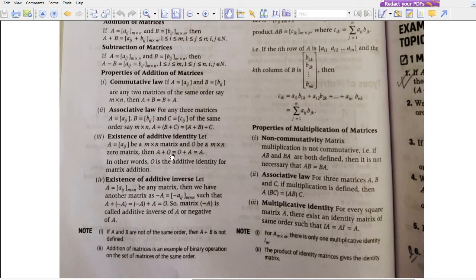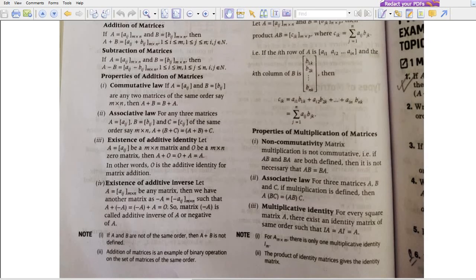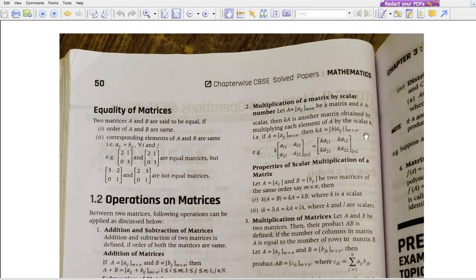That means if we add any matrix with a null matrix, the result will always be the same matrix. So this null matrix is called the additive identity.